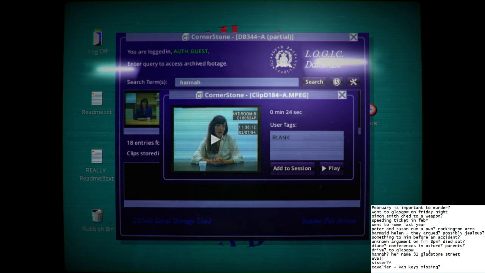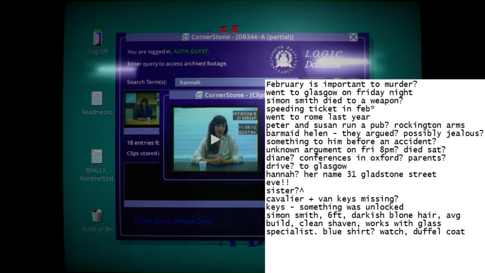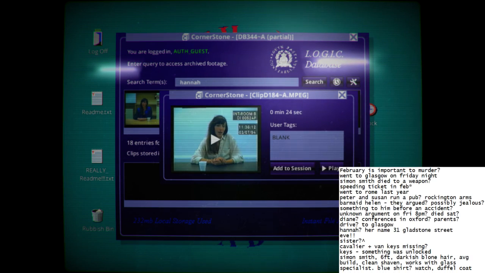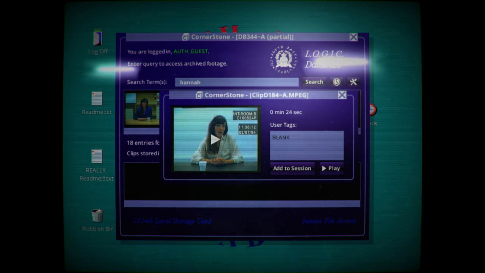So she drove to Glasgow, we know that. We're finding little bits, I kind of need to stretch this out. Yeah, let me just do this a sec. I'm sorry, but I have to do this. But Jay, this is so unprofessional. I know. Excuse me. Wait, does that work? You know what? I'm just going to do that and then re-add it.